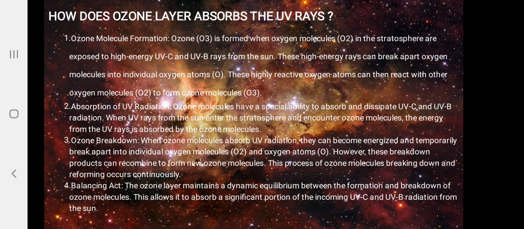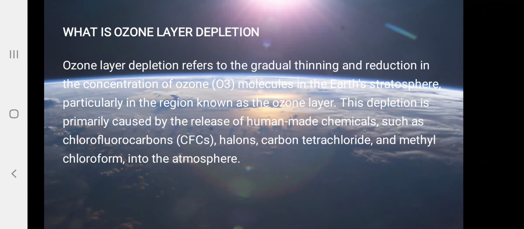I would also like to tell you that there is some depletion of the ozone layer which is happening. What do I mean by depletion? This means thinning and reduction in the concentration of ozone molecules in the Earth's stratosphere, particularly in the region known as the ozone layer or even ozonosphere.